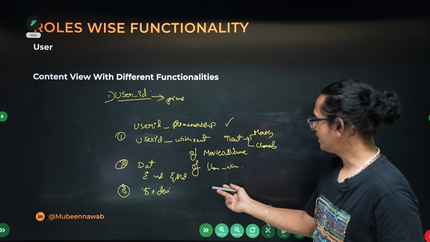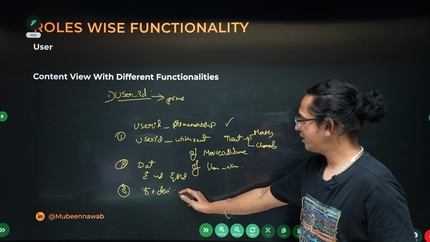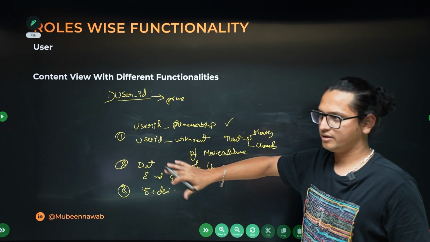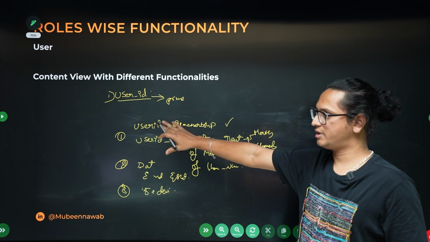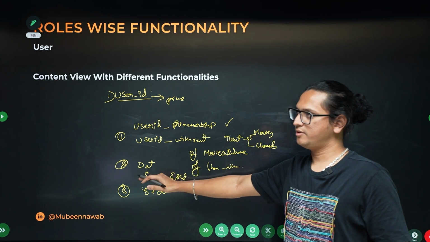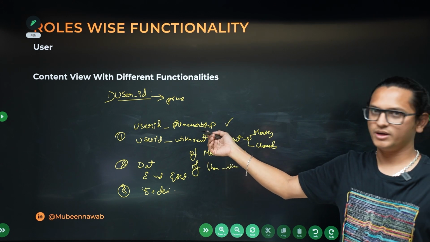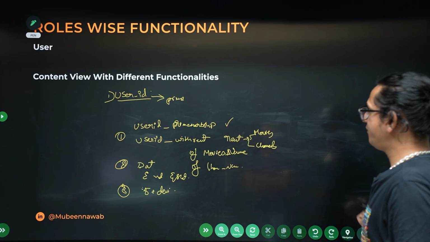So we can add the moderator users along with this user ID, and we can also add the wish list along with this user ID. These are a couple of DB-related points with the functionalities.